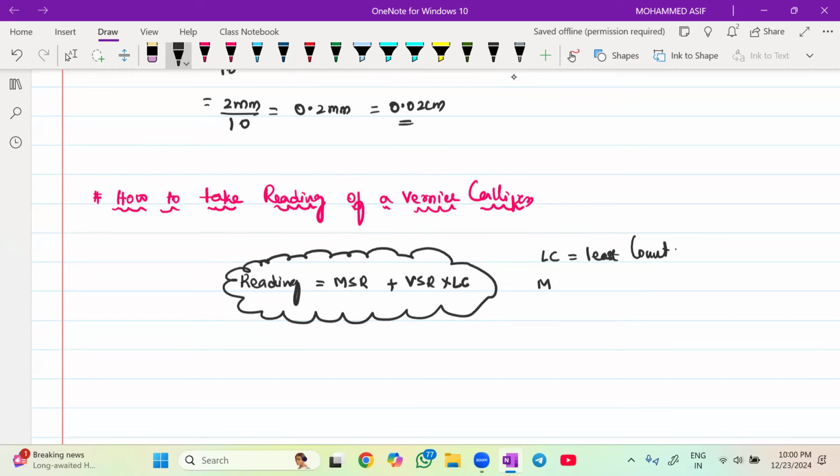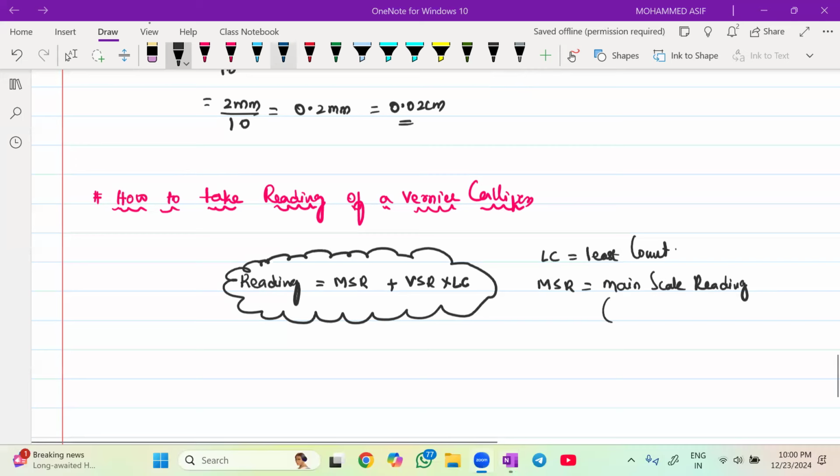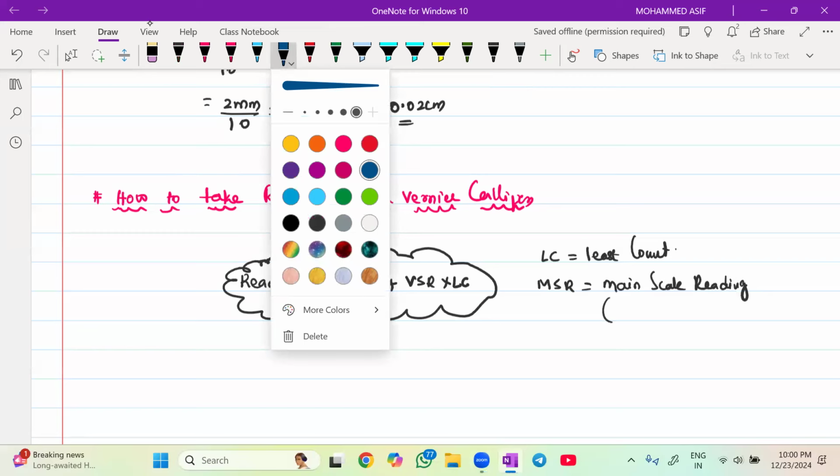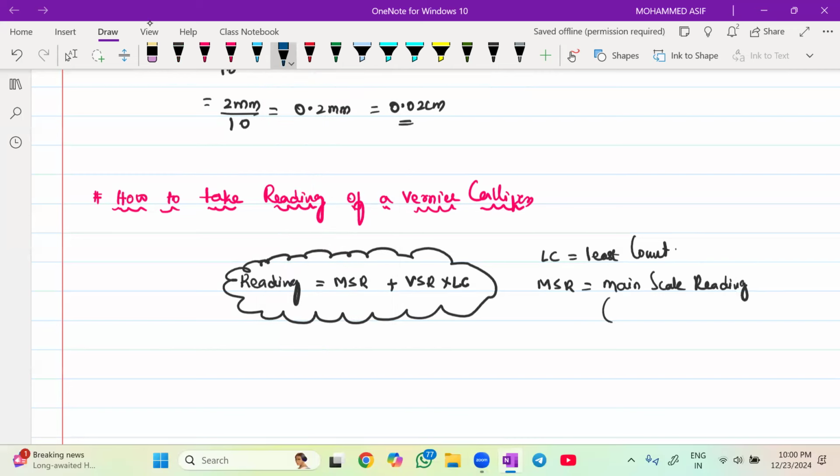Now what do you mean by MSR? MSR is nothing but main scale reading. Main scale reading, how you will take it, that is very important. In the bracket you can write here down. I'll write with the other pen, it will be easy for you to remember. What do you mean by main scale reading here, MSR?